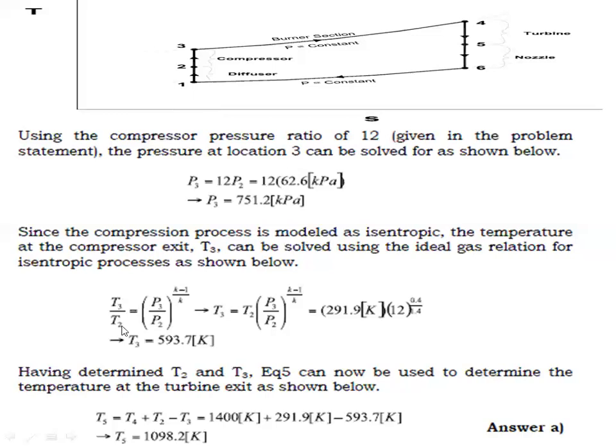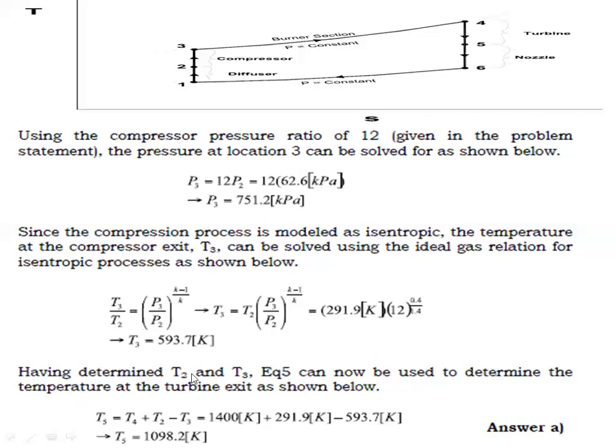T2, P3 and P2 we calculated, and K is equal to 1.4. Substituting, T3 is equal to 593.7 Kelvin.